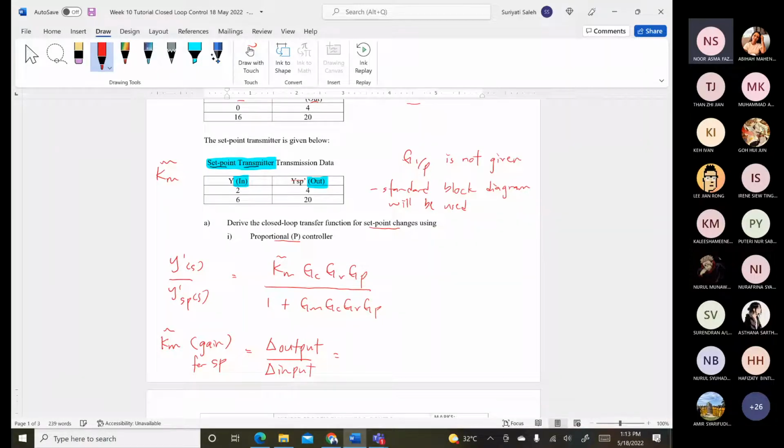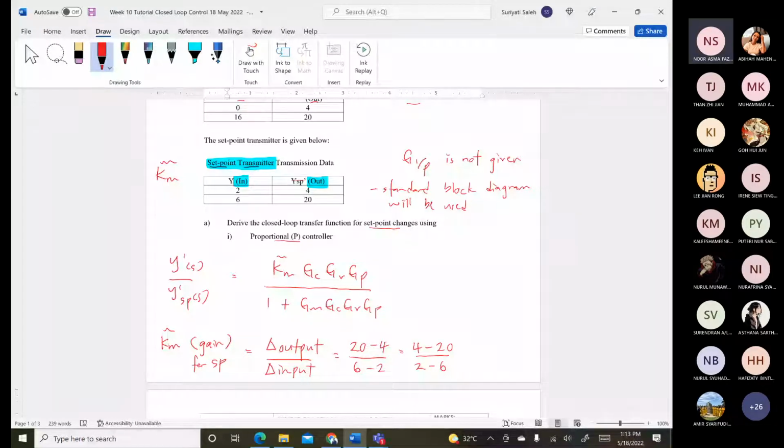For example, 20 minus 4 divided by 6 minus 2. Or if you rearrange it like this, 4 minus 20 divided by 2 minus 6, it's also acceptable, no problem, as long as it is the difference.